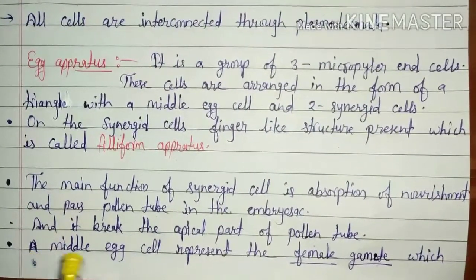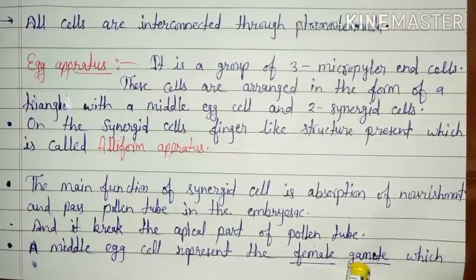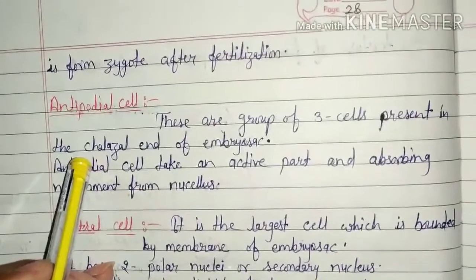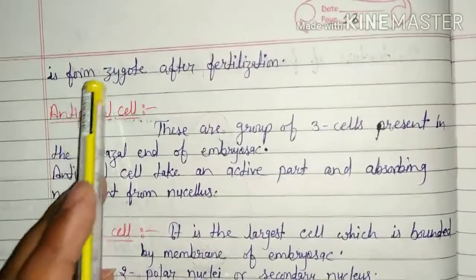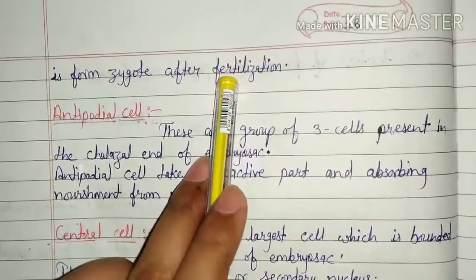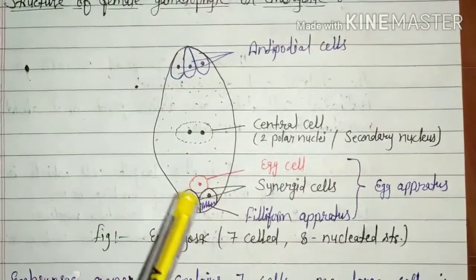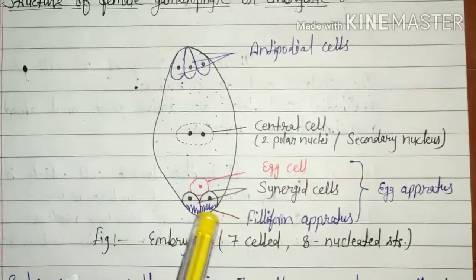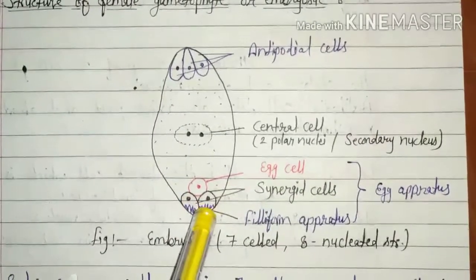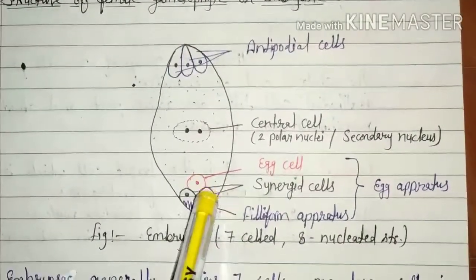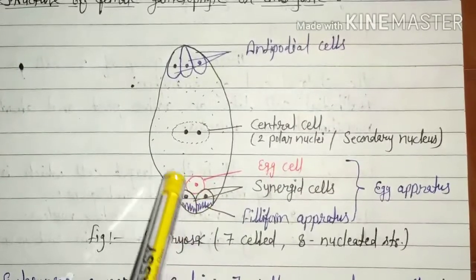A middle egg cell represents the female gamete, which forms the zygote after fertilization. After entry of the pollen tube through synergid cells, 2 male gametes enter the embryo sac.